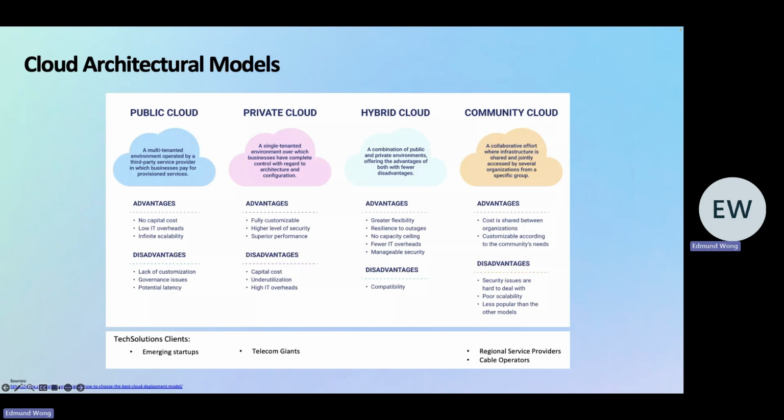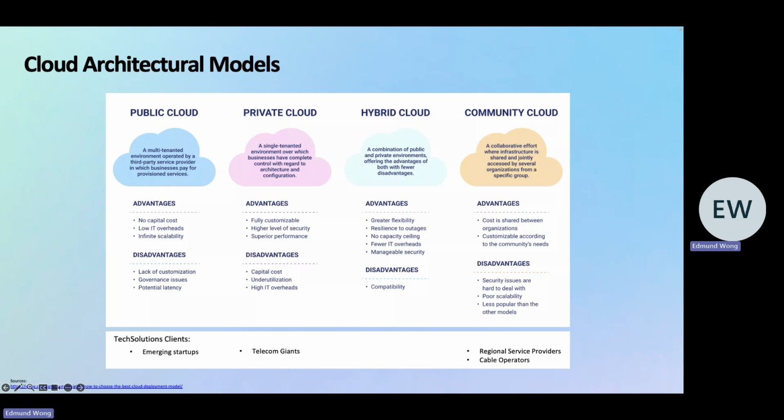But if we look at the tech solutions client base, because it really depends on who is the client. So for say a telecom giant may want to have private cloud in order to have that high level of security, comparing to emerging startups, which really want to focus on cost base, right? So they may want to choose public cloud.